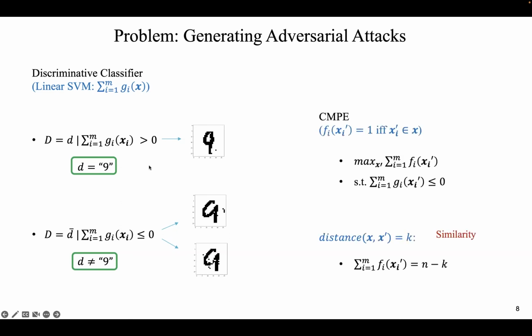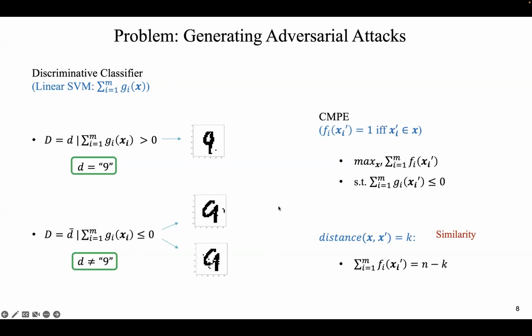And our goal in rendering an adversarial attack is to find an assignment, let's call it X prime, such that the decision flips from D to D prime, right? So what I want to do is minimally modify this 9 such that the classifier, which is this linear SVM in this case, no longer classifies it as 9, but classifies it as something else, right?